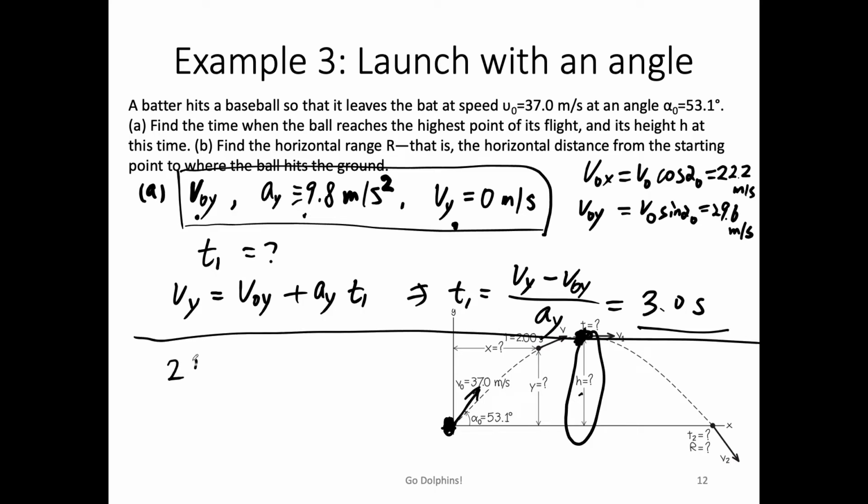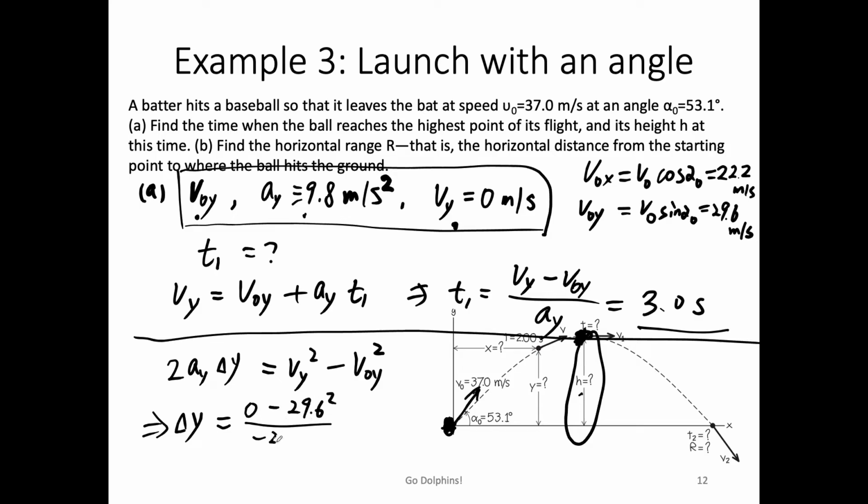We have 2 ay delta y equals vy squared minus v0y squared. You plug in all the numbers and you can solve for the displacement in y. So your h is 44.1 meters.